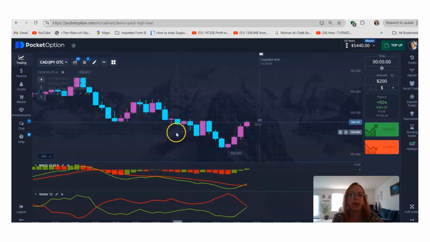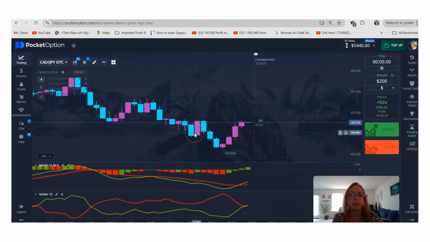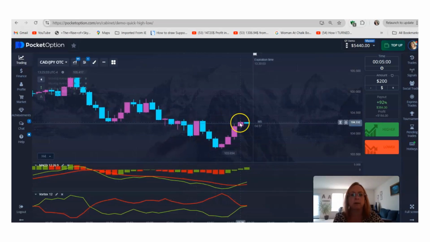I'm also looking at the candles because the candles are in an uptrend. But see how the vortex has not yet crossed the red line, so we do not want to get into that trade quite yet. So let's keep an eye on it and we will be back in a minute.